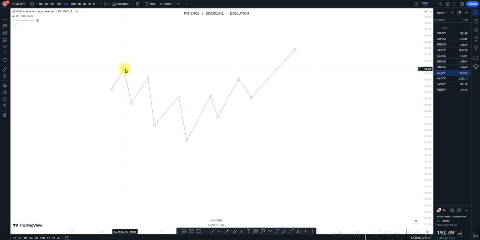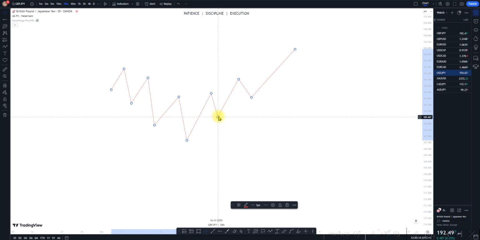This was a higher high, then we created a lower high, lower low, lower high, lower low. But from here, now that we created a lower low, instead of creating a lower high, we created a higher high. Then instead of creating a lower low to continue, we created a higher low. So we started creating higher high, higher low.